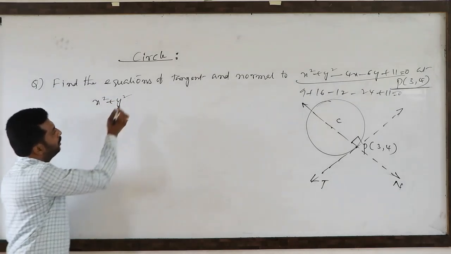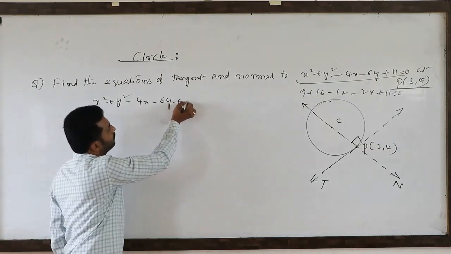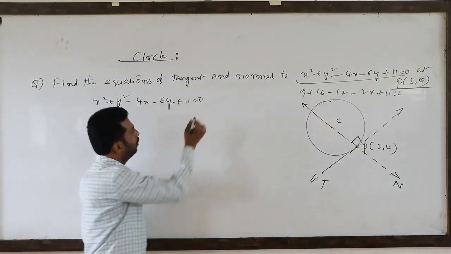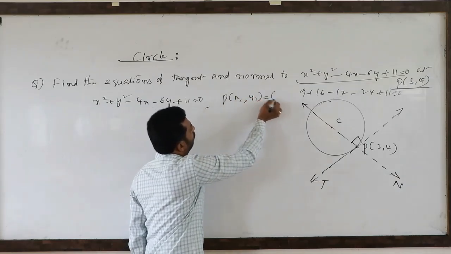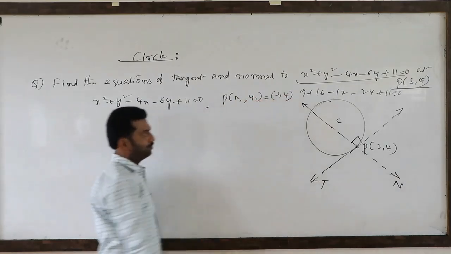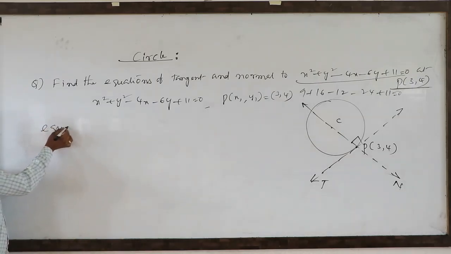x square plus y square minus 4x minus 6y plus 11 equal to 0. So this is the P of x1 comma y1 equal to 3 comma 4. So equation of tangent.